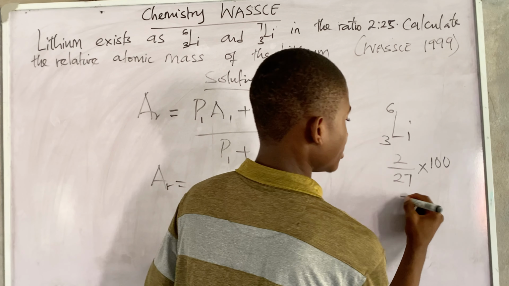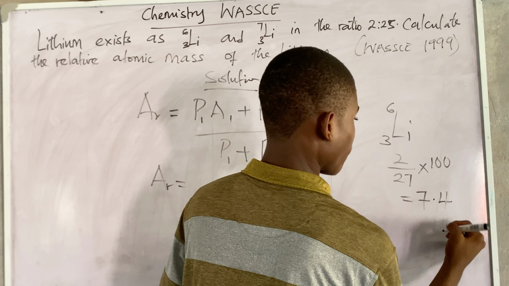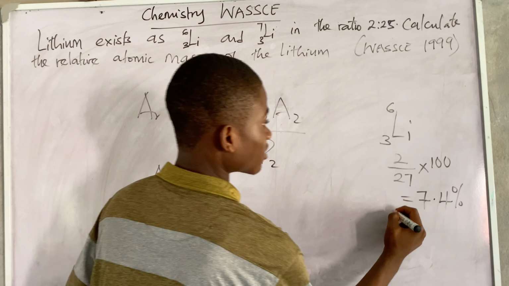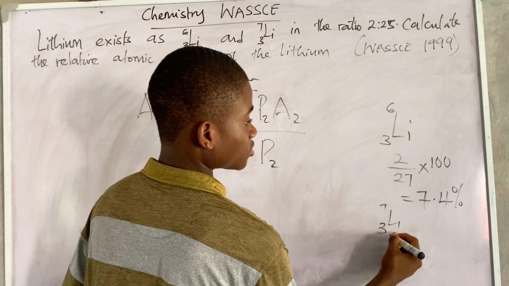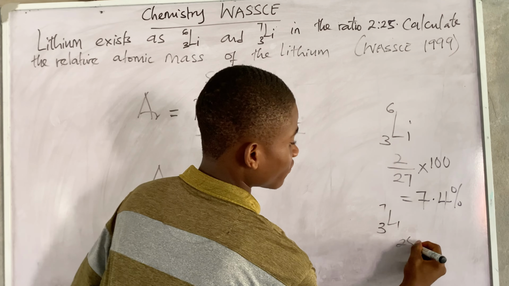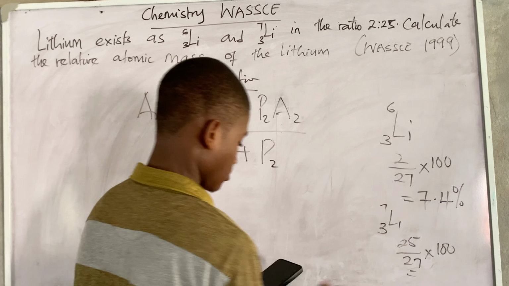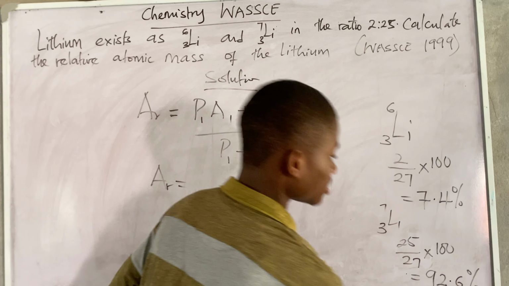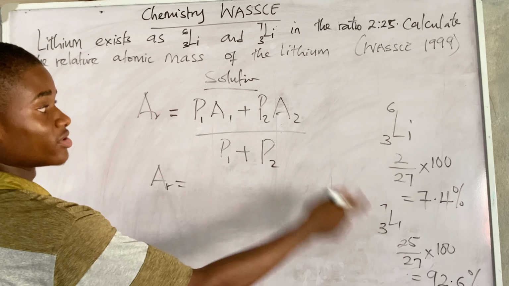And the answer is 7.4%. Okay? But the second lithium, we have 25, so it will be 25/27 times 100. So 92.6%. Okay? Now we are going to go ahead to put this here.